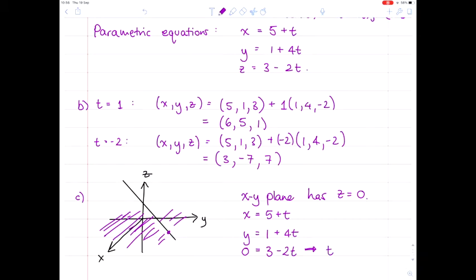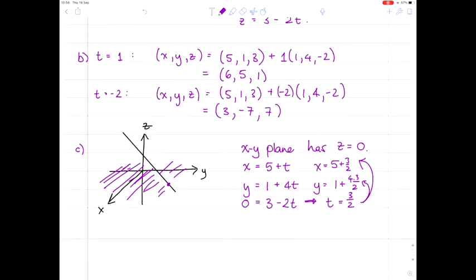So this tells us that t is equal to 3 over 2. And that means we can now go back and use this to calculate our values for x and y. So x must be equal to 5 plus 3 over 2, and y must be equal to 1 plus 4 times 3 over 2.